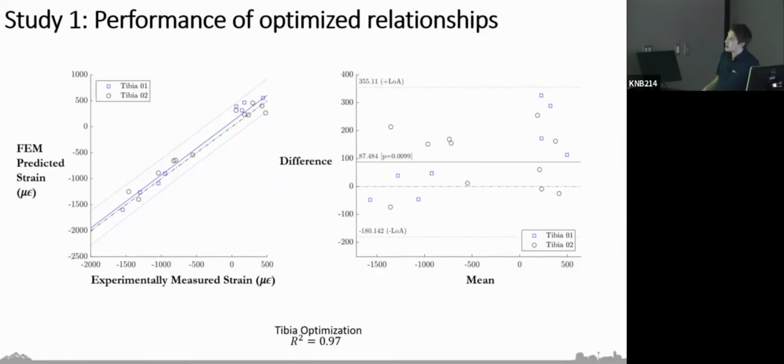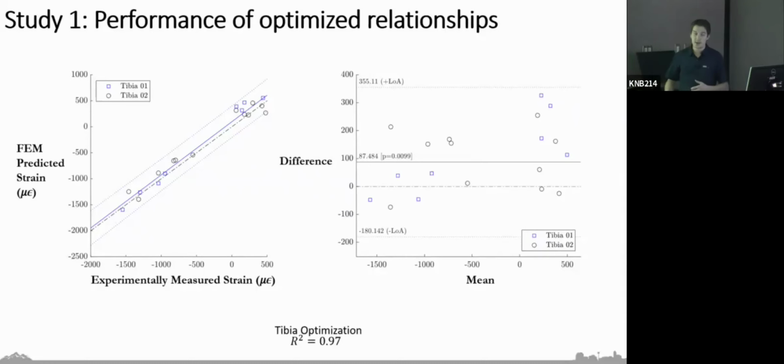Now, looking over here on the right, we have our Bland-Altman plot, and we can see relatively good agreement across the board. We do have an average bias of about 87 microstrain. For the work that we're doing here, and as we go into study 2, we're looking to predict damage accumulation and fatigue failure. We're really only concerned with the tibia because that's what that model is based on.